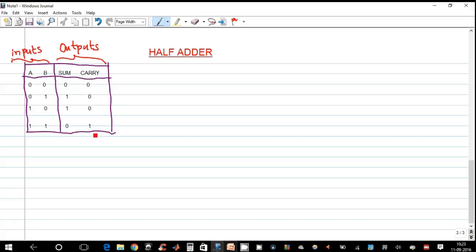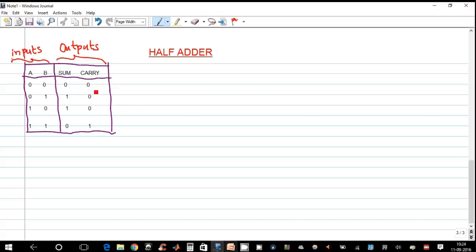So this is the basic half adder circuit that we will be remembering, and we will be constructing the higher adder circuits starting from the full adder, parallel adder, ripple carry adder, the carry look ahead adder, and so on.